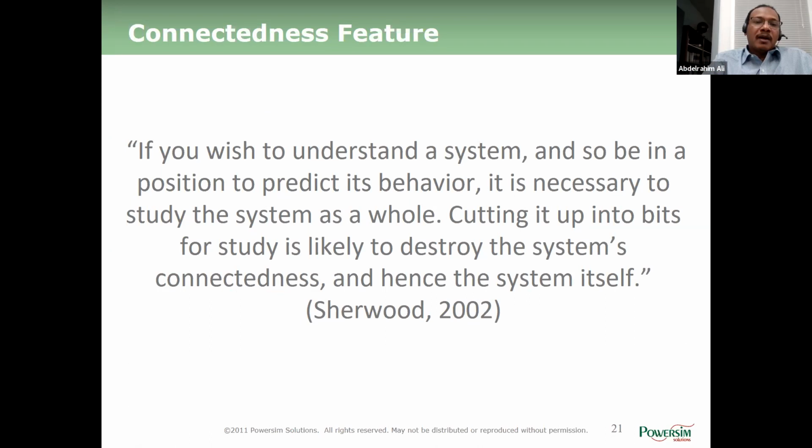So as a message at the end of this, if you wish to understand the system and be in the position to predict the behavior of the system, it is necessary to study the system as a whole. Cutting it into small pieces will not make small systems in each one of these pieces.